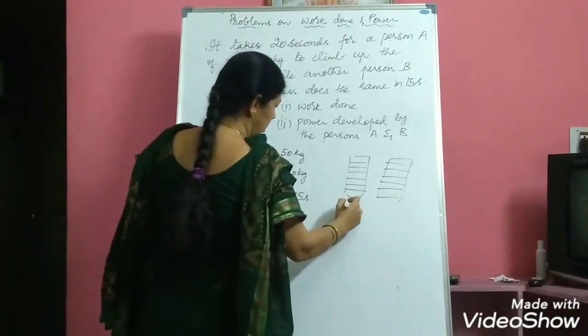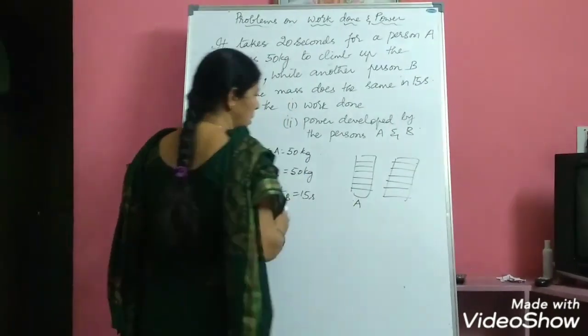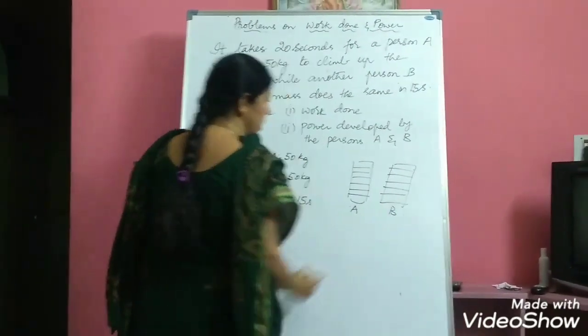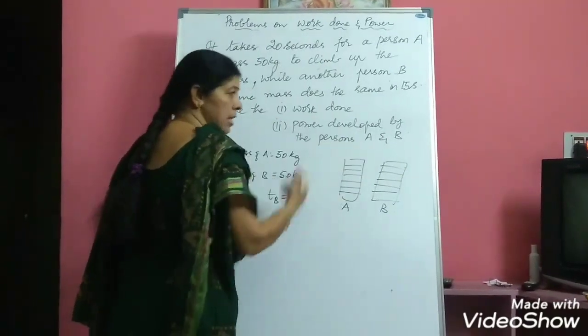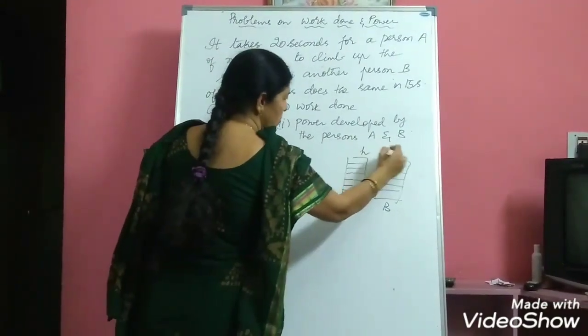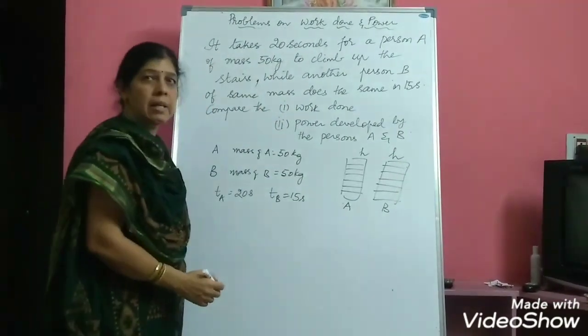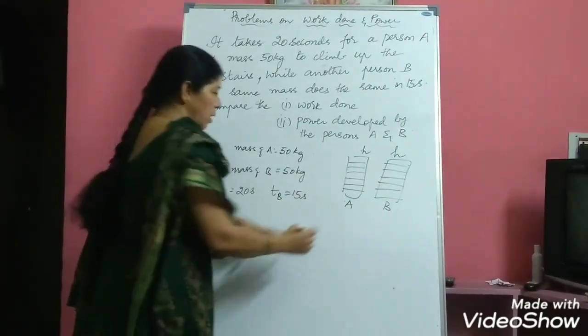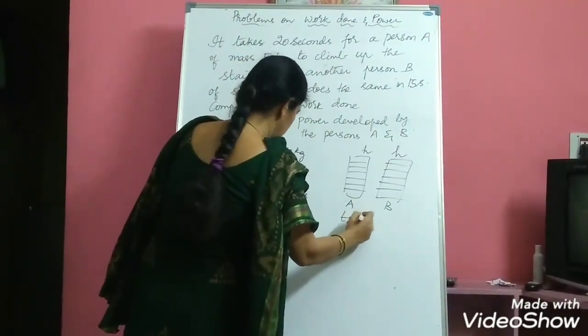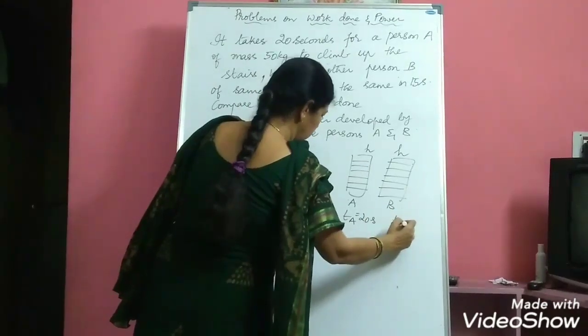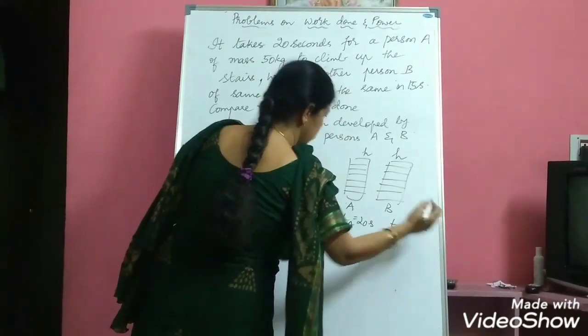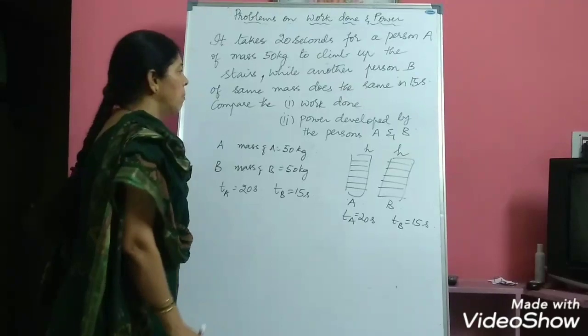Now A is climbing up the stairs, B is also climbing up the stairs. The height of the stairs is the same for both. Let us take it as h. Time taken by A is 20 seconds, time taken by B is 15 seconds. Now, this is the problem.